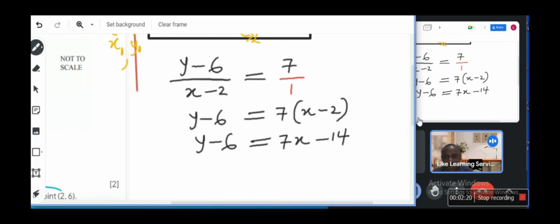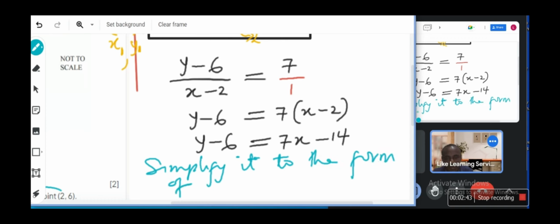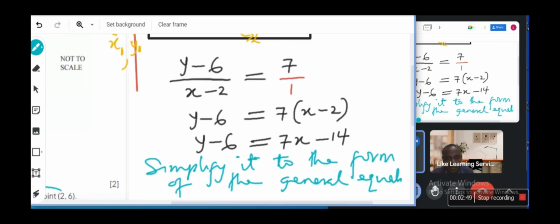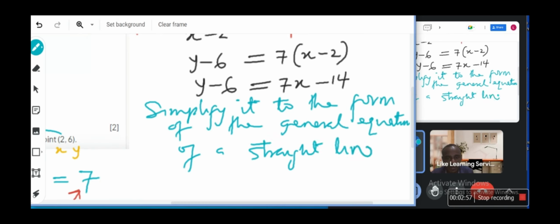So just simplify, because the general equation of a straight line is y equal to mx plus c. What I'm asking is simplify it to the form of the general equation of a straight line, which is y equal to mx plus c.